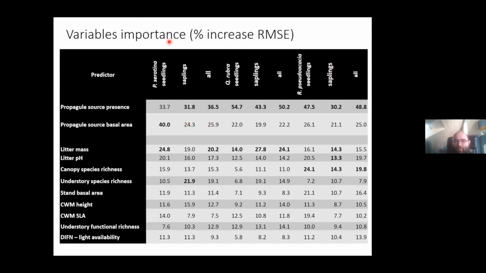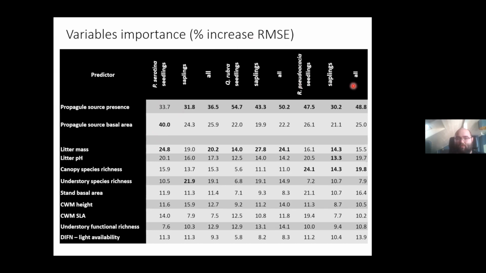The variable importance is the percent by which the model quality will decrease, or in other words, how much the model bias expressed by the root mean squared error will increase when we shuffle the variable randomly. So the higher the percent, the more important the variable.